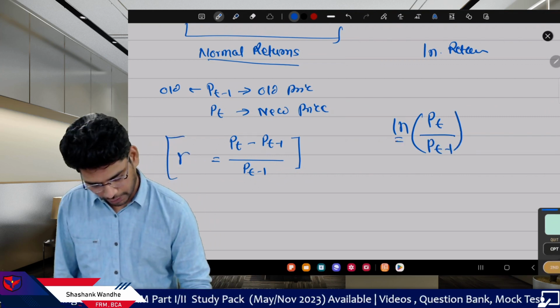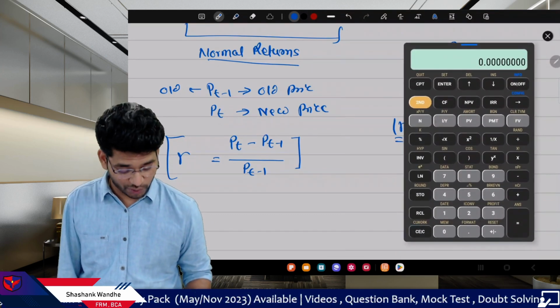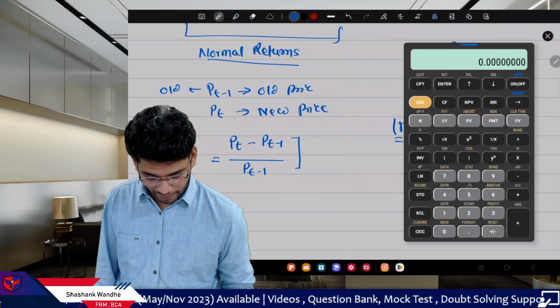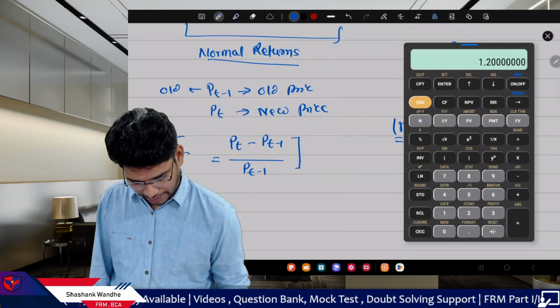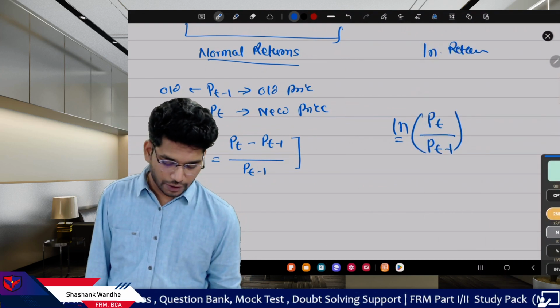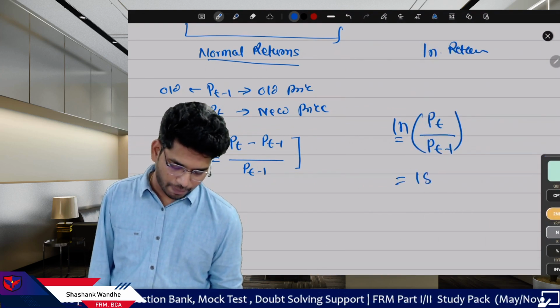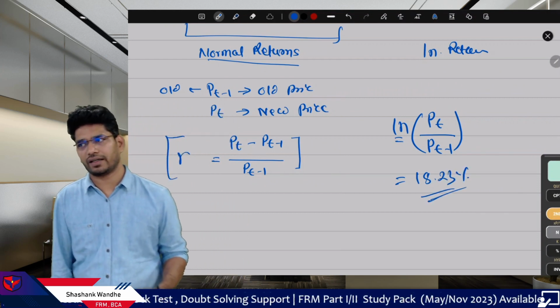I will give an example in case you don't know, in case you are not my student from Part 1. So 120 divided by 100, simply press ln, and you get a return of 18.2%, which is the continuously compounded return. Very simple, very basic, nothing special here.